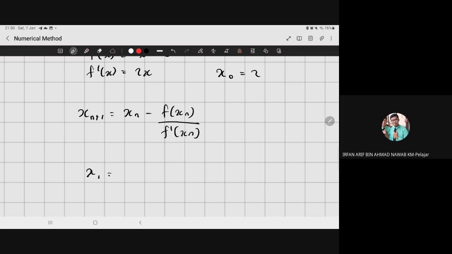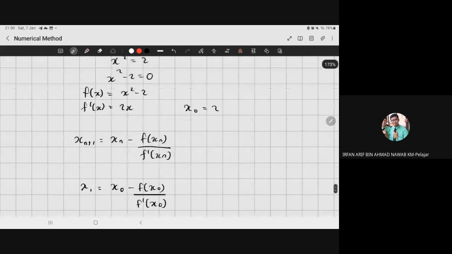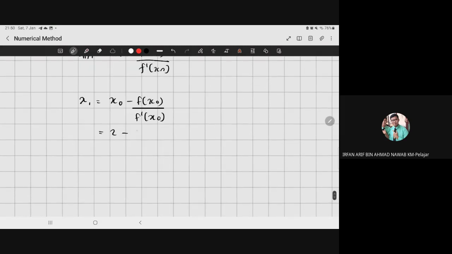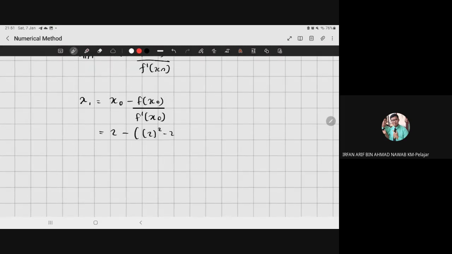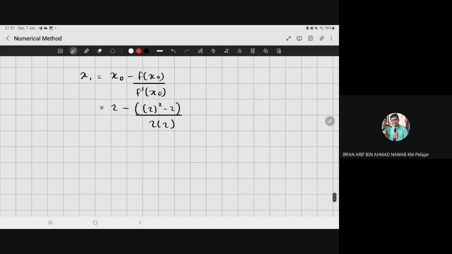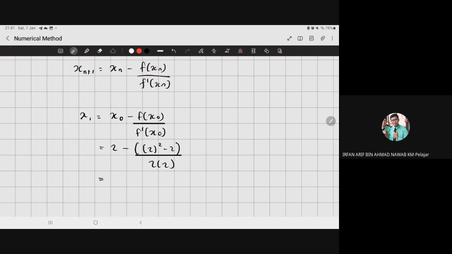So x sub 1 is equal to x sub 0 minus f of x sub 0 divided by f prime of x sub 0. Okay, so from here, just substitute your values: 2 minus (2 squared minus 2) divided by 2 times 2.